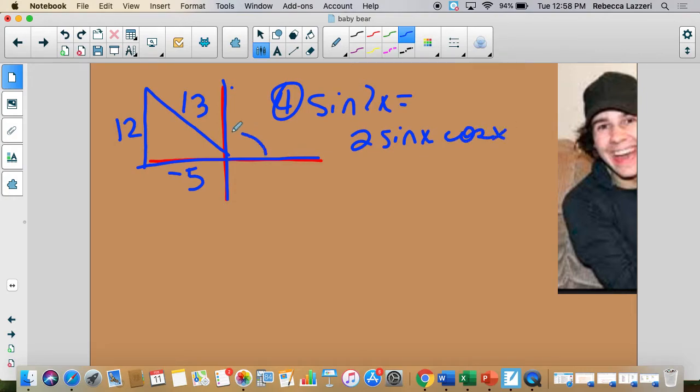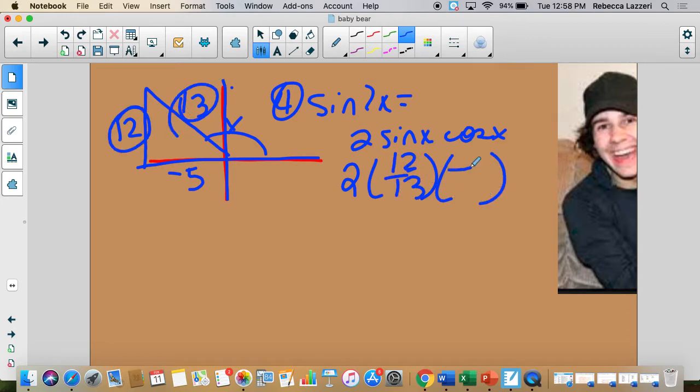And this is angle x right here, girls. Sine of x is 12 over 13, opposite over hypotenuse. Cosine of x is negative 5 over 13. This is 2 over 1. So on the top, I multiplied everything and got negative 120 over 169.